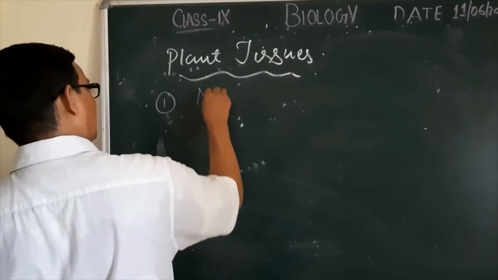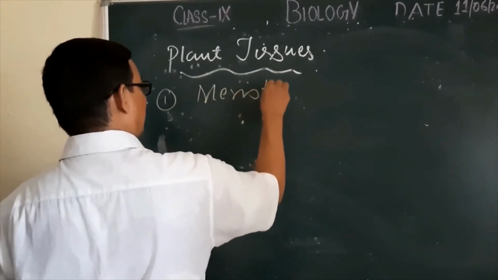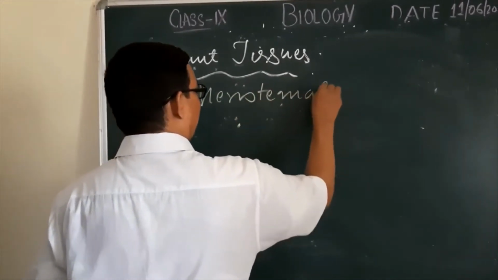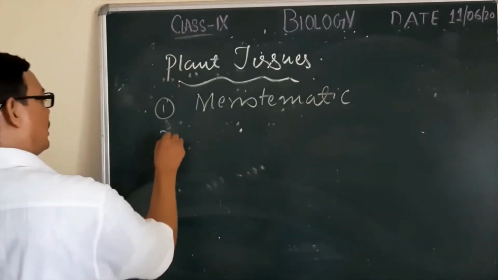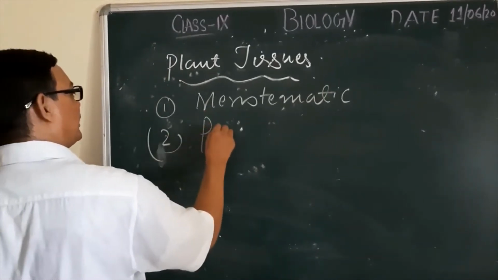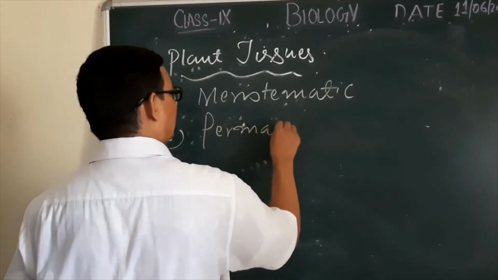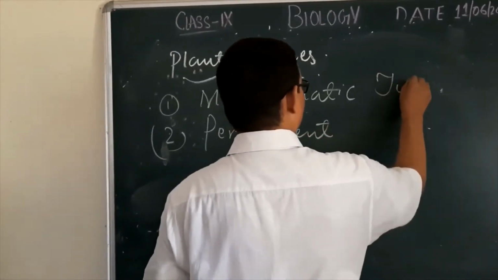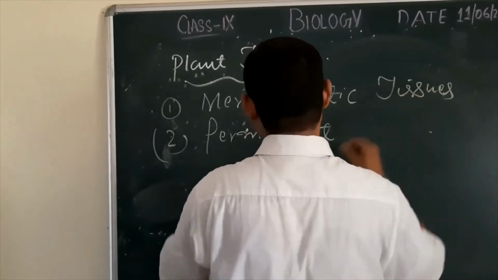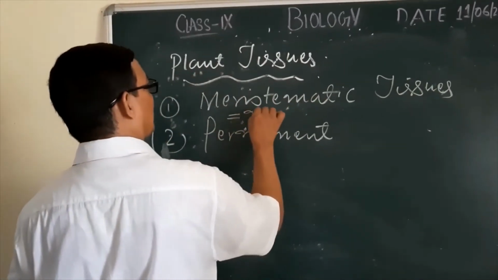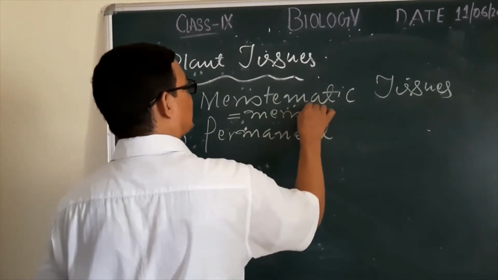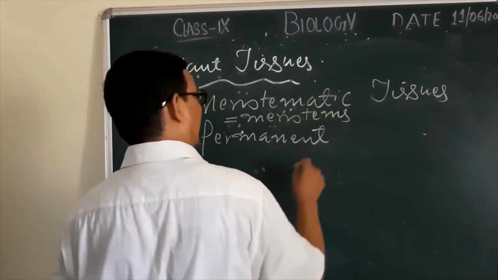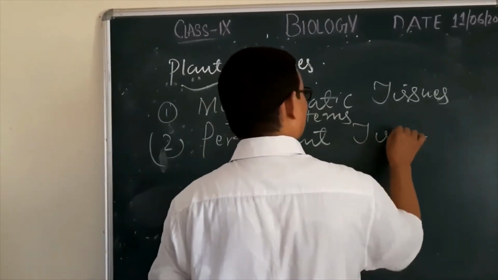Number one, meristematic tissues, also known as meristems, and number two, permanent tissues.